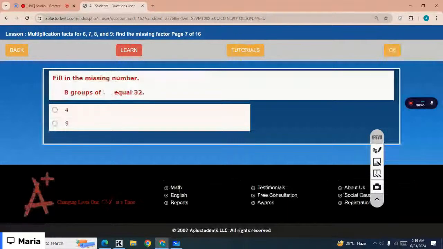Fill in the missing number. 8 groups of dash equal 32. Which is the correct option? 8 times what number is 32?